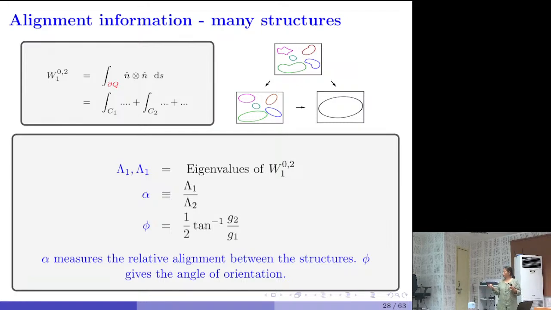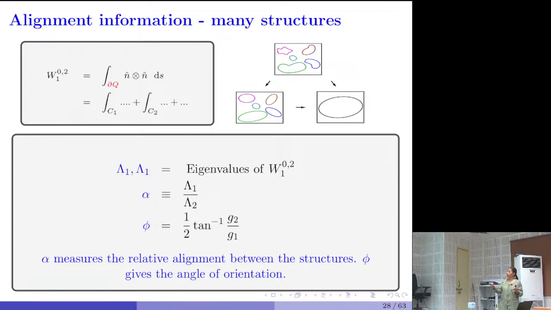So the same thing. Now, in order to quantify, I have to introduce parameters. Capital lambda 1, sorry, lambda 2, these are eigenvalues of this tensor which is added up. And I can define a ratio now, alpha, which is lambda 1 by lambda 2, which gives the elongation information.